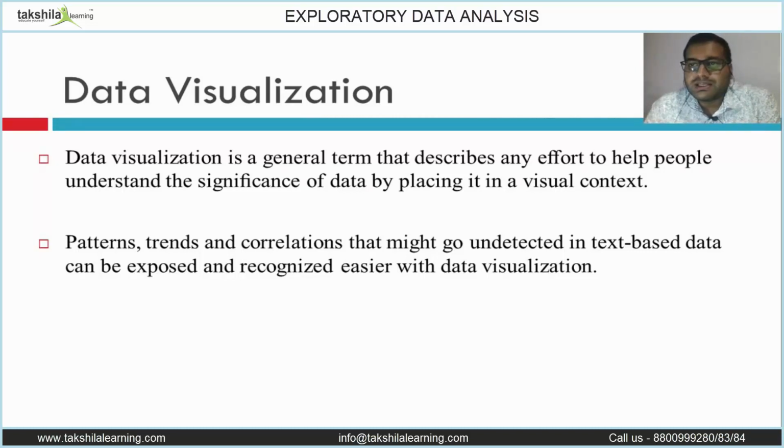There are many, depending on which kind of data we have. It allows you to find the patterns, the trends, and the correlation between two different attributes. Data visualization helps you get the solution in an easy way.